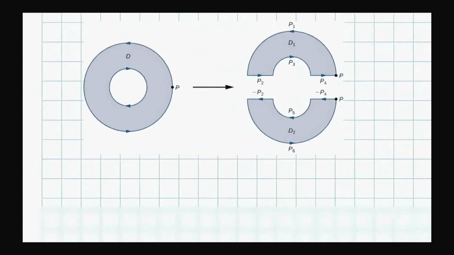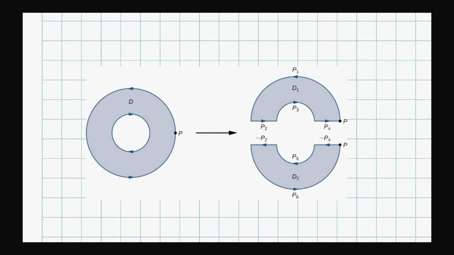Okay, so you see the problem here, right? If you're right here, then if you're traveling in the direction of travel this way, left is on the inside. And on this one, if you're traveling this way, then the region D is also on your left. So this is also positive orientation.